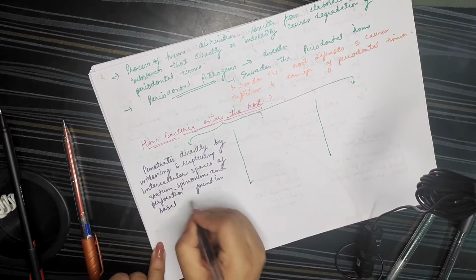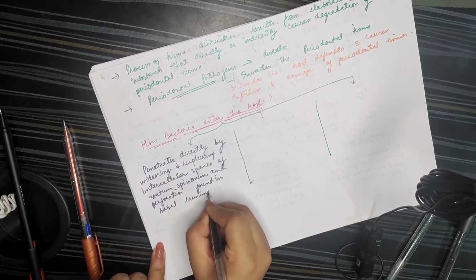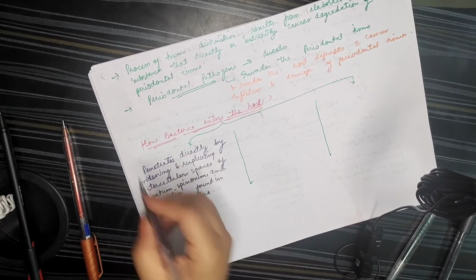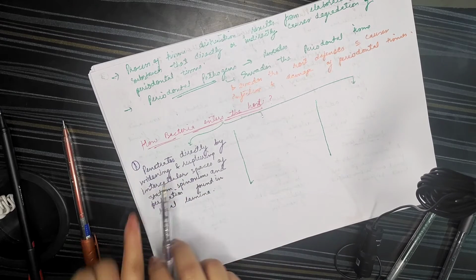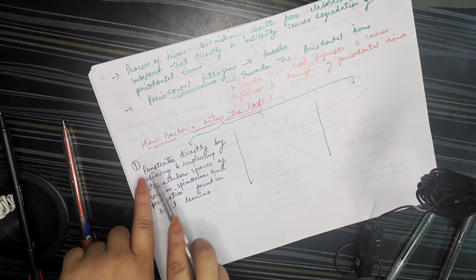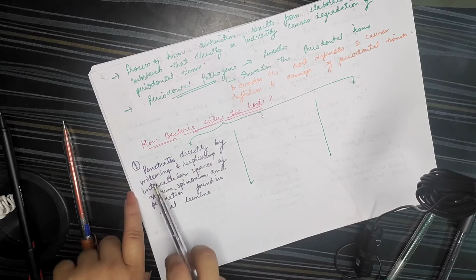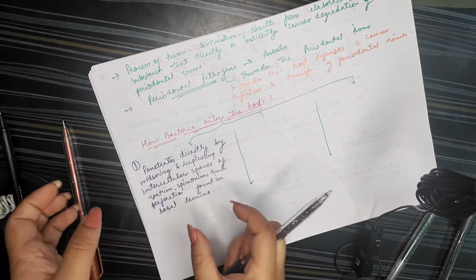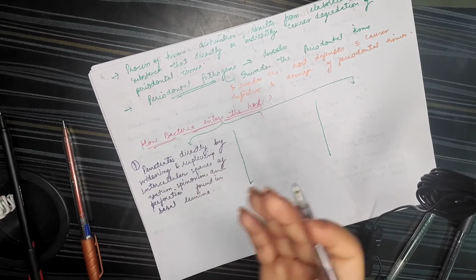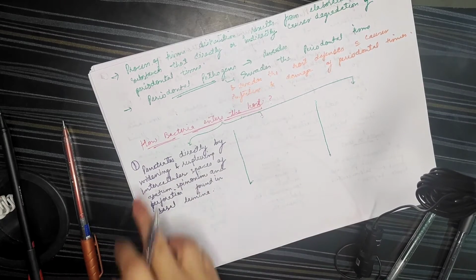The first process is by penetrating directly, by widening and rupturing the intercellular spaces, or any perforation they find in basal lamina, they can enter through that.